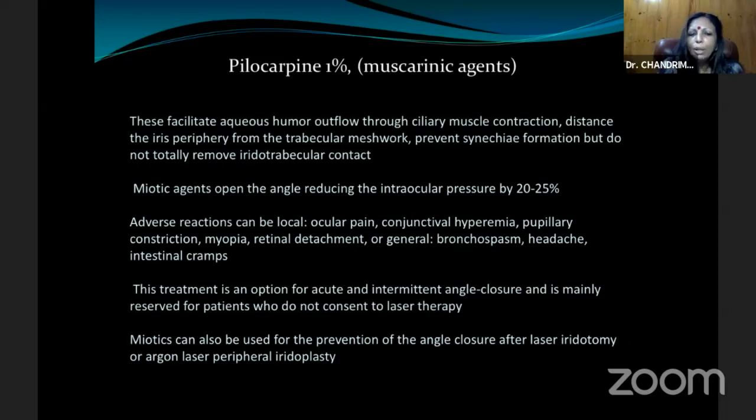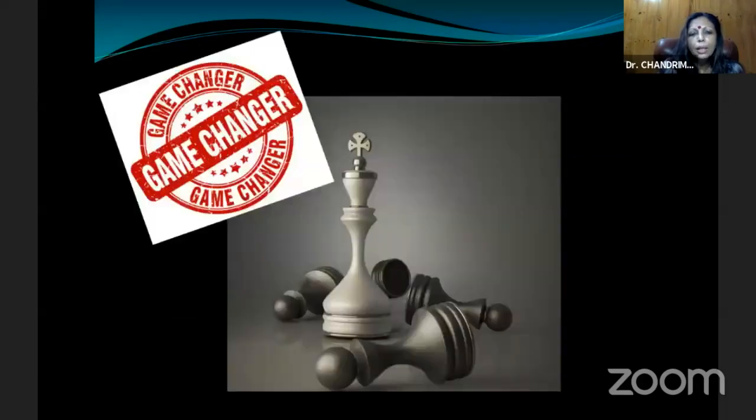Adverse reactions can be local: ocular pain, conjunctival hyperemia, pupillary constriction, myopia, or even retinal detachment, or in general bronchospasm, headache, and intestinal cramps. This treatment is an option for acute and intermittent angle closure and is mainly reserved for patients who do not consent to laser therapy. Miotics can also be used for the prevention of angle closure after laser iridotomy or argon laser peripheral iridoplasty.